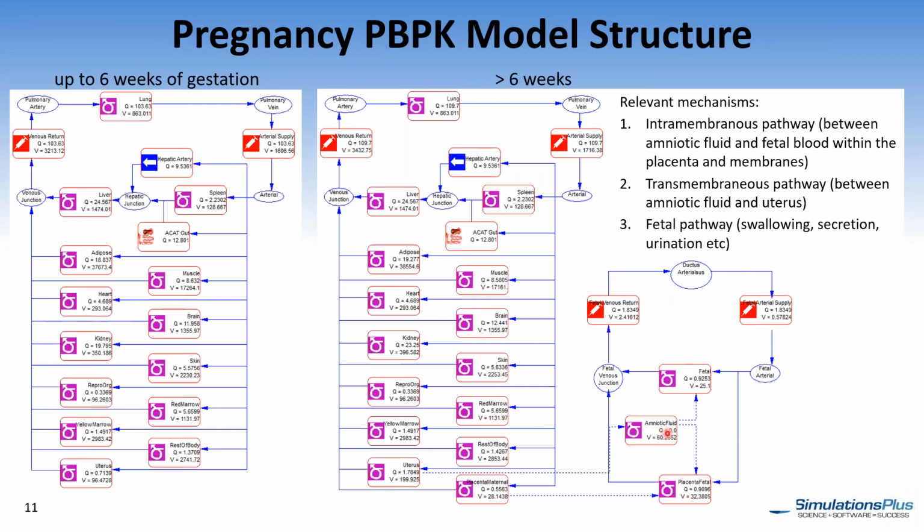Fetal compartment, amniotic fluid, and placenta are included, as well as the mechanisms for drug exchange: the intramembranous pathway between amniotic fluid and the fetal blood flow within the fetus and placenta, the transmembranous pathway between amniotic fluid and uterus, and of course the additional effects in the fetus compartment, swallowing, secretion, urination, and the drug exchange due to those processes.